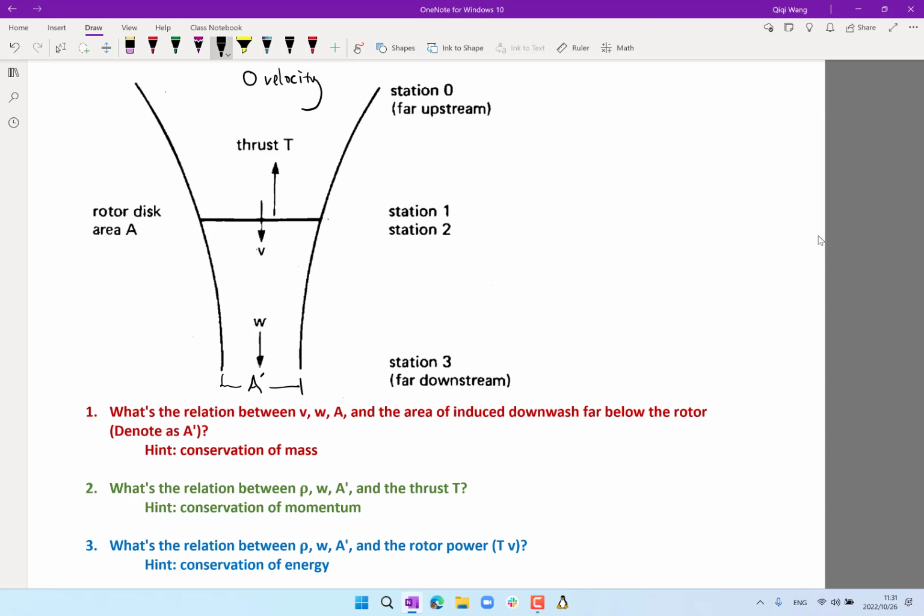Rho AV equals WA prime. Get it. Oh yeah.